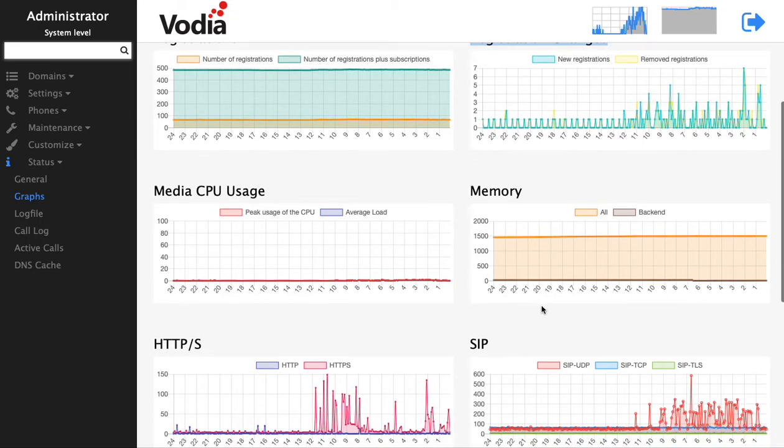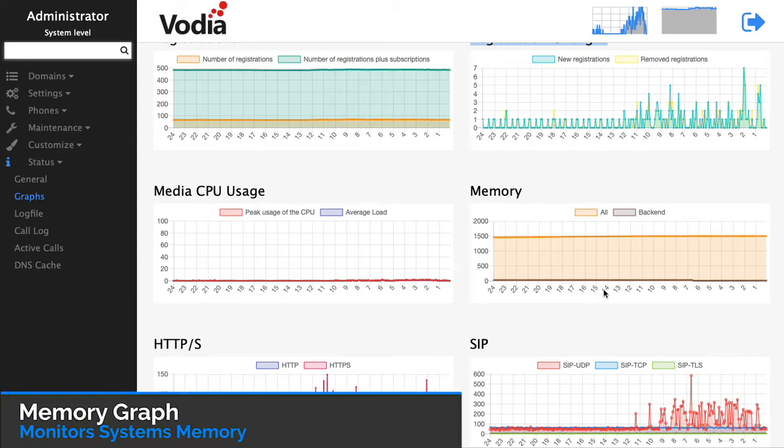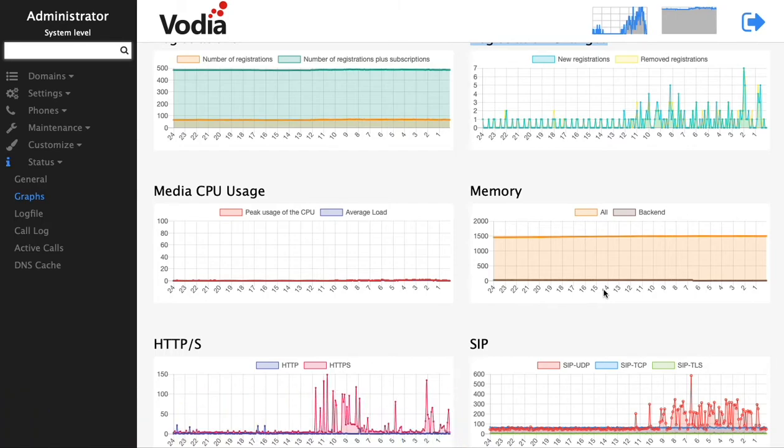And the memory is another important graph, because we're doing a system that's supposed to run 24/7, and we want to make sure we're not running out of memory. That's why we're monitoring the memory usage over time. This system is using essentially 1.5 gigabytes of memory. That's not too bad, and it's staying there. This is what we want to see.